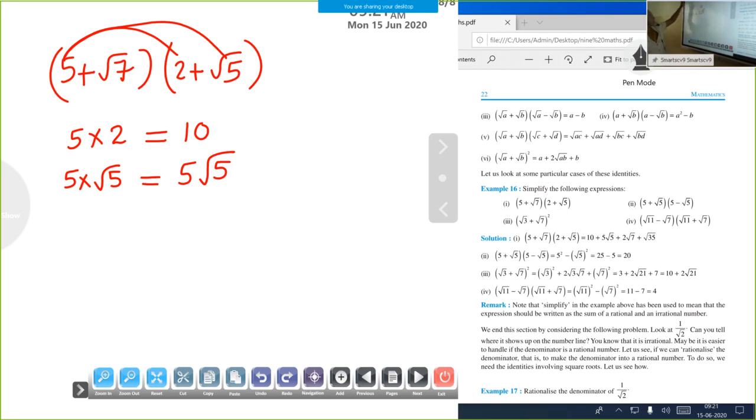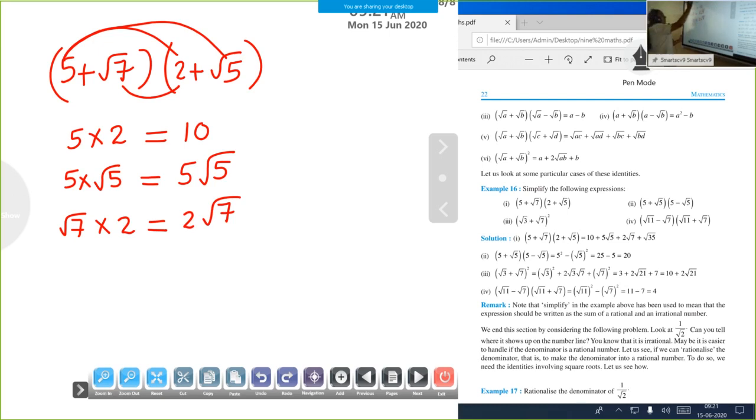First we multiply 5 with both the terms. Next one is root 7 with both the terms. Our next step is root 7 into 2. 2 is a whole number, so our answer is not 14. Our answer is 2 root 7.